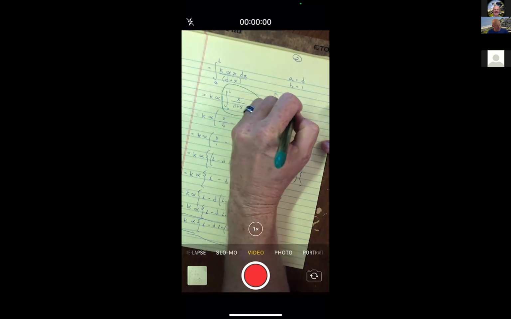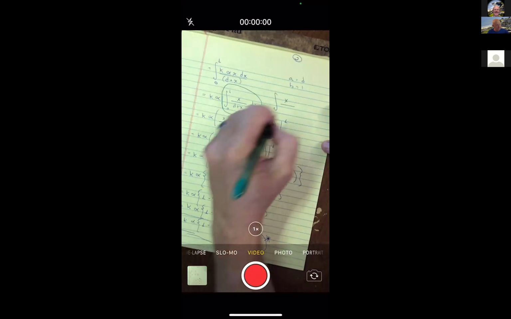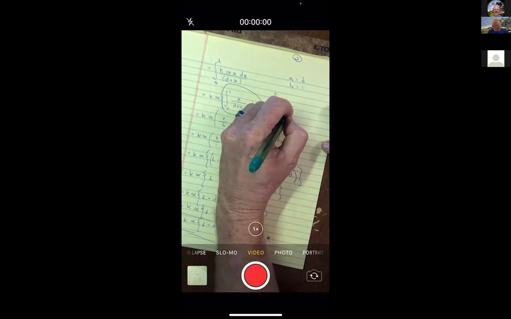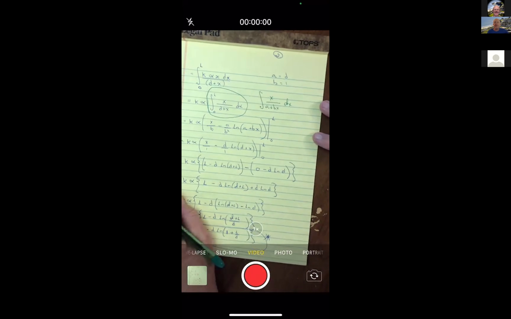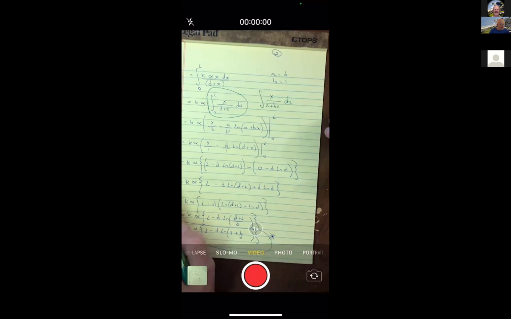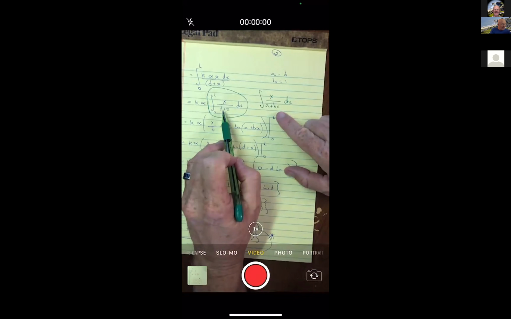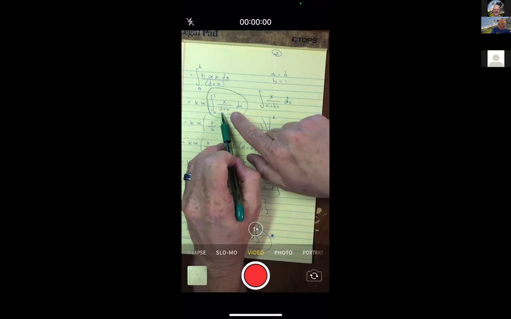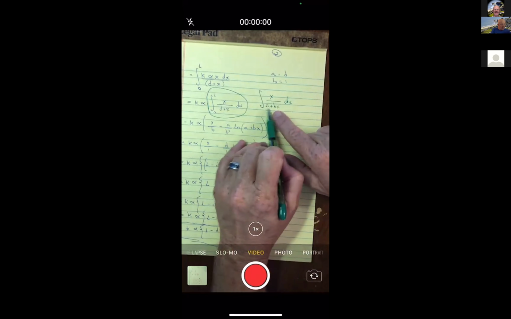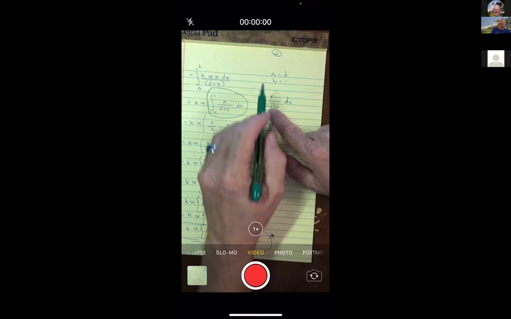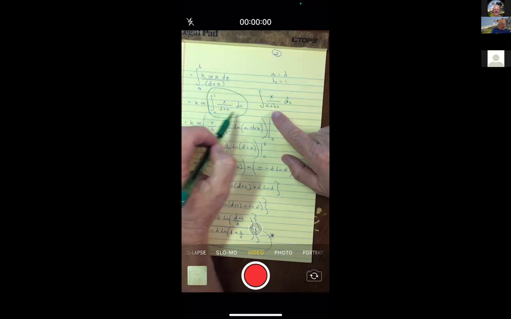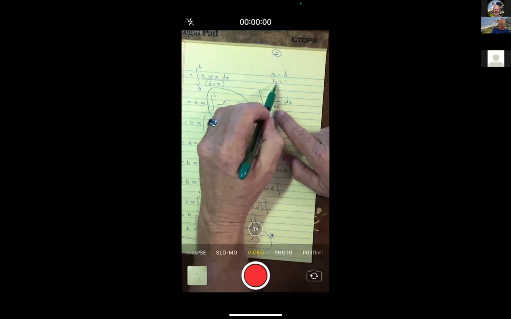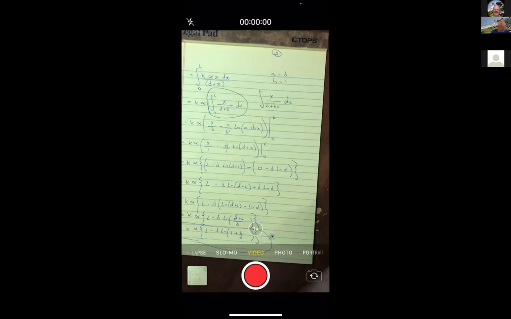They had x over a plus bx. So for my integral to match their integral, I need to set their a to my d. Oh, gotcha. Okay. And there's nothing here, so their b is 1. Okay. Thank you.